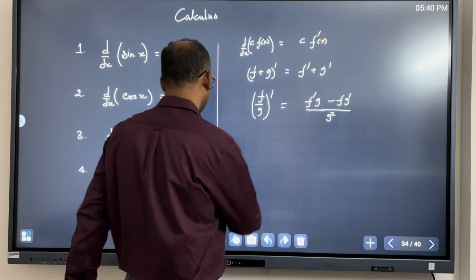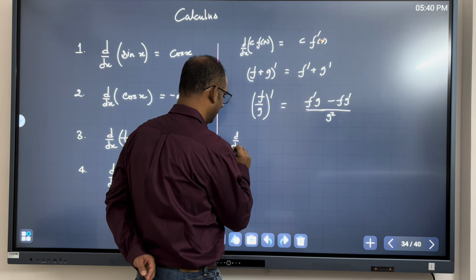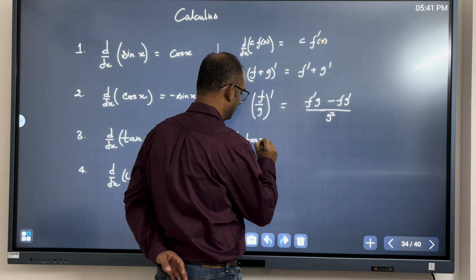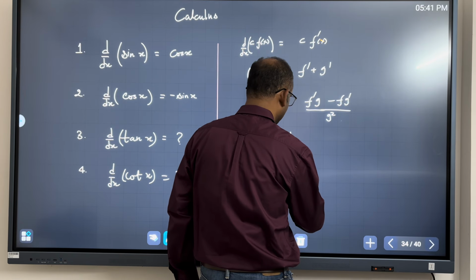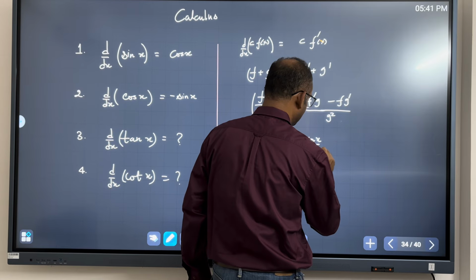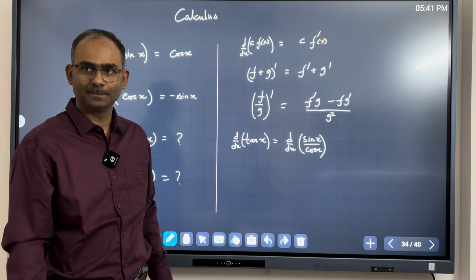So d over dx of tan x is d over dx of sin x over cos x, right? Tan is the ratio of sin and cos.